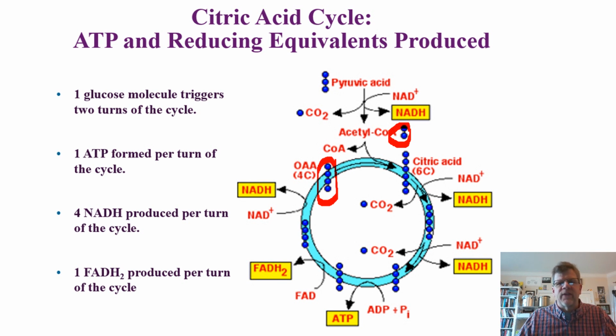Even the names on this have been de-emphasized, but 2 carbons plus 4 carbons go to our 6-carbon citrate. And that is the extent of how the importance in this case we're putting on the structure of citrate or citric acid.